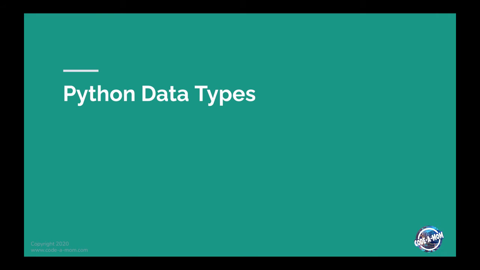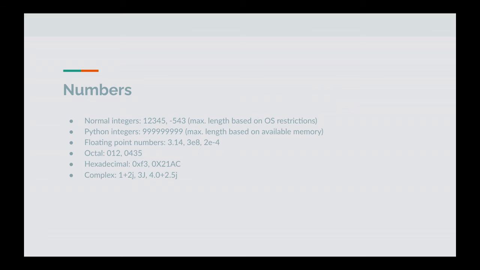Moving on, we're actually going to jump into the Python data types. First, we want to talk about numbers. In Python, you get the maximum amount of number space you can use. What I mean is, right here where it says normal integers, maximum length determined by the operating system.